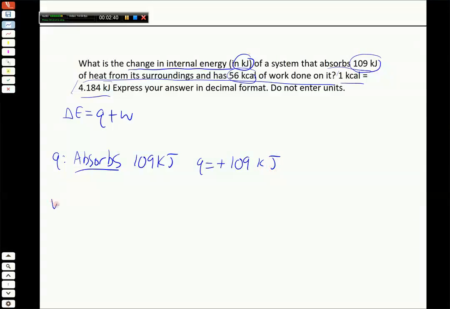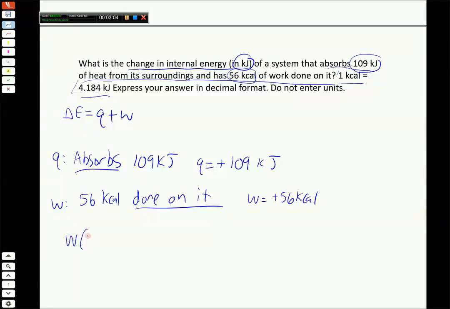And then if we look at the work term, W, it has 56 kcals done on it. Remember that when work is done on the system, that means work is also positive. So work is going to be positive 56 kcals, but before we add these 2 together, we need them in the same unit. So what we're going to have to do is convert this to kilojoules.